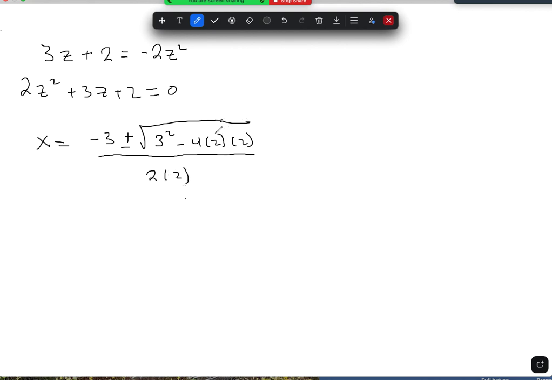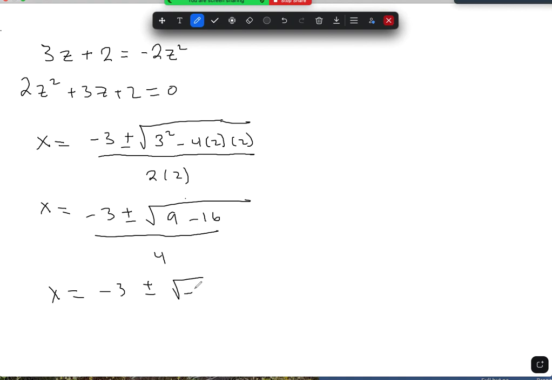So we get everything plugged in, and then we just see where the math takes us. So this would be x equals negative 3 plus or minus the root of 9 minus 4 times 4, which would be 16, all over 4. And x equals negative 3 plus or minus the root of 9 minus 16, which would make a negative 7, over 4.